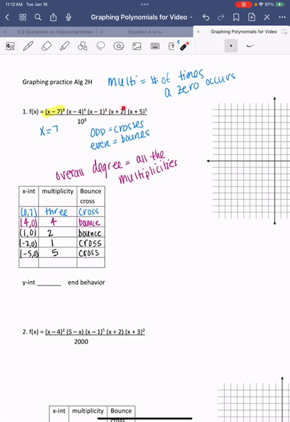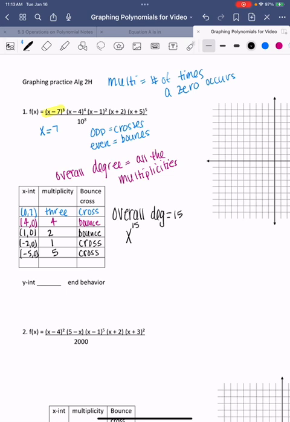X plus 2, we have that once, and then we have negative 5 5 times. So if you add those all together, let's see, 7, 8, 9, 10, that would be 15. So the overall degree is 15. Okay, so that's going to be the same as x to the 15th.